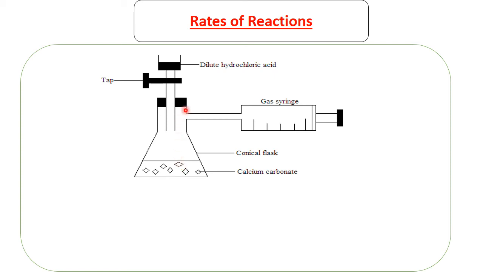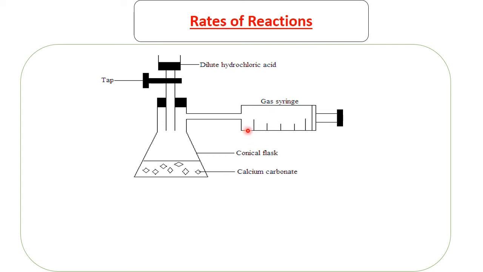What we can do is use a gas syringe to trap carbon dioxide. As the reaction is proceeding, a gas which is carbon dioxide is going to be formed and it's going to be kept in here. So the amount of gas that's going to be formed will be of a certain volume in here.